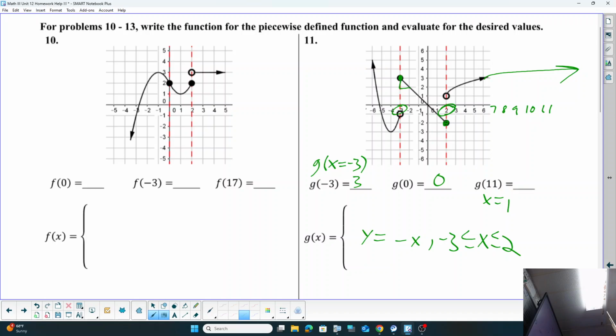Okay, and then, let's see, below that looks like a square root. Over 1, up 1, and over 1, 2, 3, 4, up 2. So that looks like a square root equation, but the original square root equation was there, and so we have to count the shifting now. So we have to count 2 to the right, and then up 1.